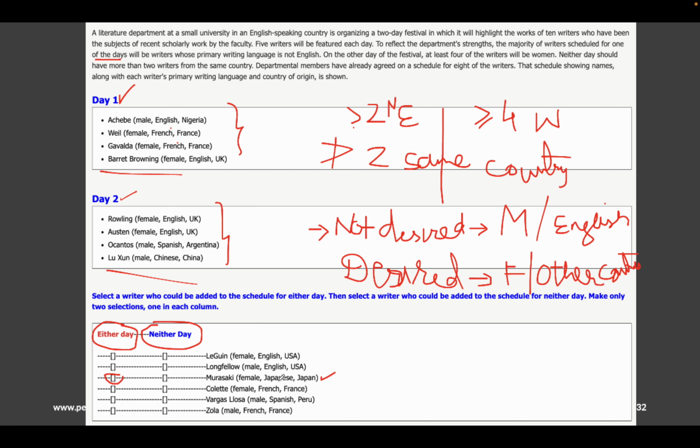And who's the most non-desirable person is going to be a male who speaks English, and which is here. So Longfellow is the male who speaks English, and there is no other male who speaks English in the answer options. And that actually solves your answer, right?